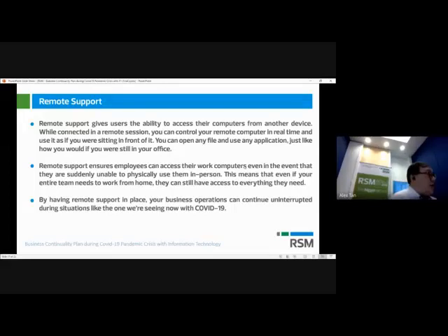Remote support is part of business continuity management, BCM, under the BCPs, where remote support is mainly for the IT divisions to provide support in terms of monitoring and technical support in troubleshooting, monitoring the condition of each of the laptops or even desktops that have been distributed to the users to work remotely.